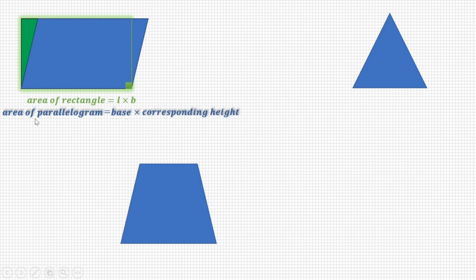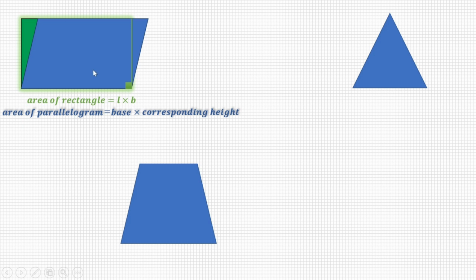So now we got the area of the parallelogram. We can estimate the number of squares inside the parallelogram by multiplying its base with its corresponding height. If this is the base, then the height falls on this base. So third, after square and rectangle, the third figure is the parallelogram whose formula is known, that is base into corresponding height.